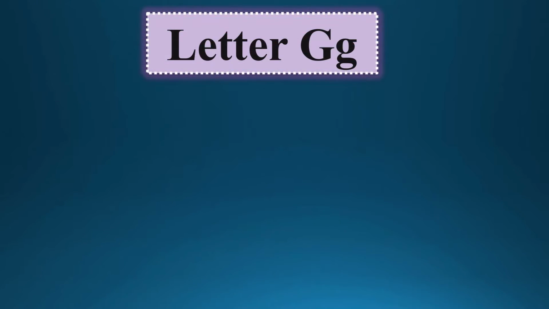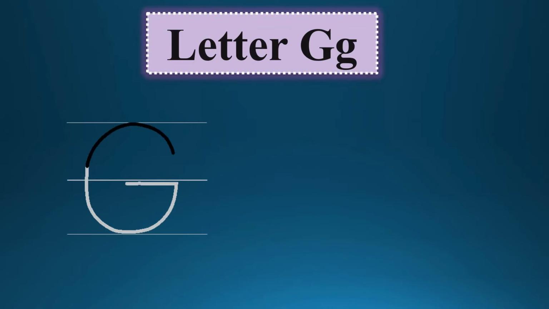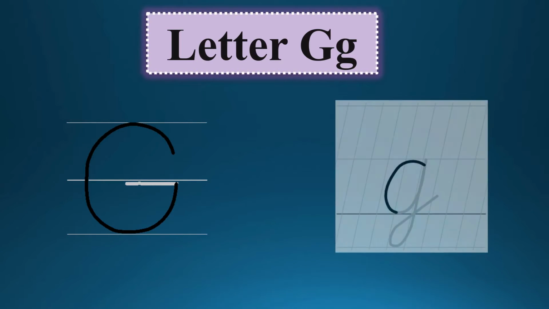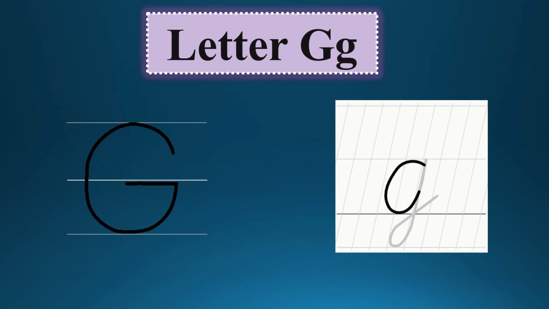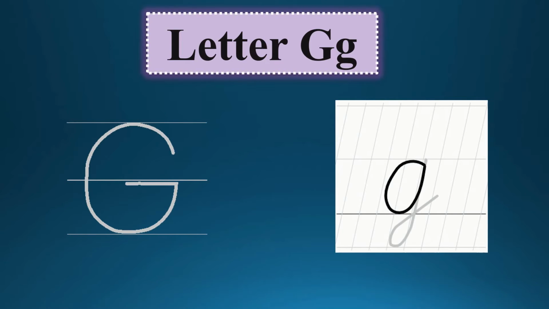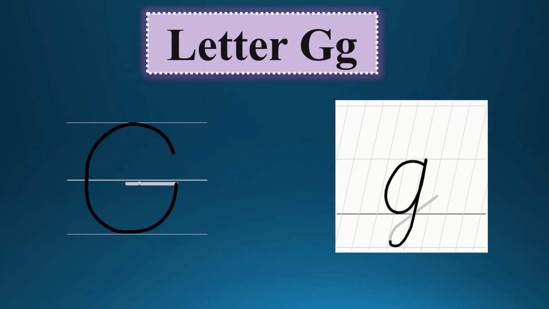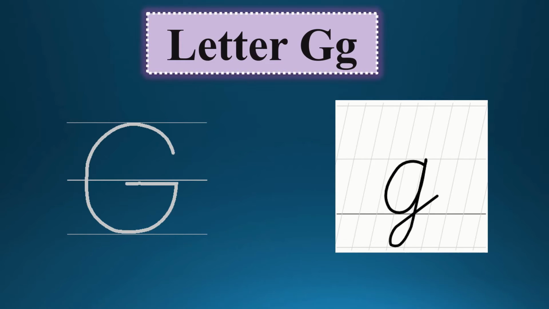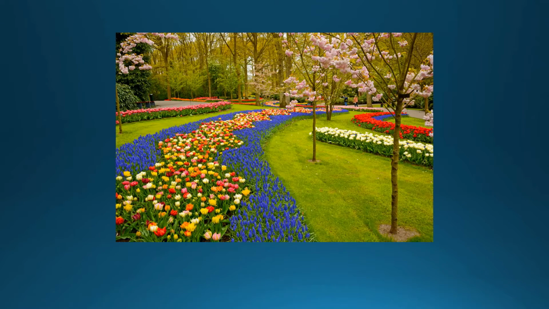Here is the next letter, letter G. Capital letter G and small letter G, as you can see in the picture. And its sound is G, G, G. Repeat with me, G, G, G. Children, let's see the sound in the words.